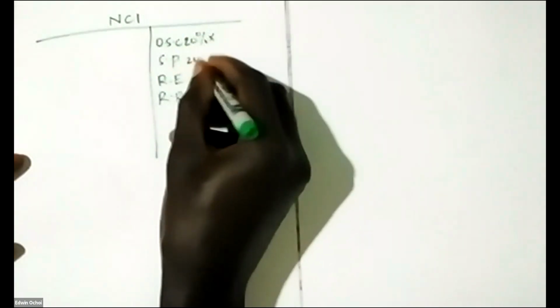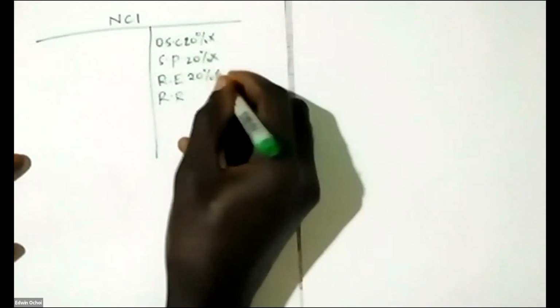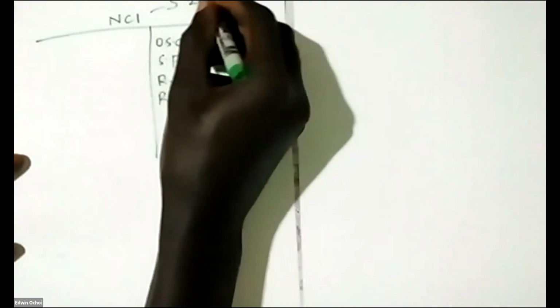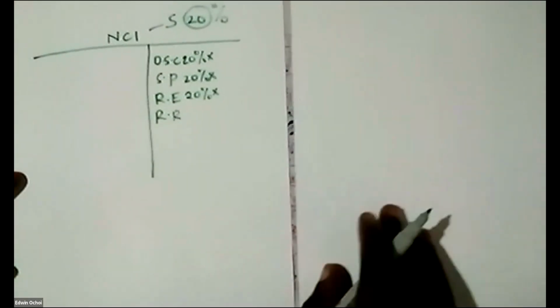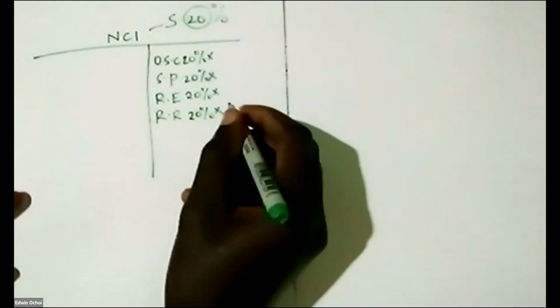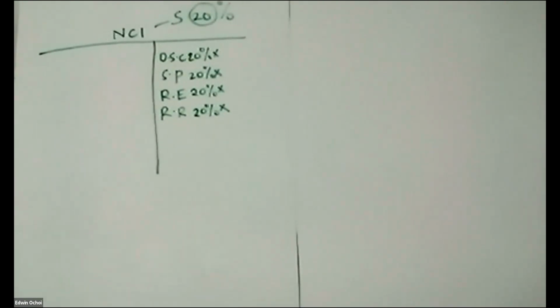You multiply with 20% because 20% is the NCI. Remember the parent acquired S up to 80%. So we have 20% there, which is an NCI. So you pick the items direct from the statement of financial position concerning the net assets of S.